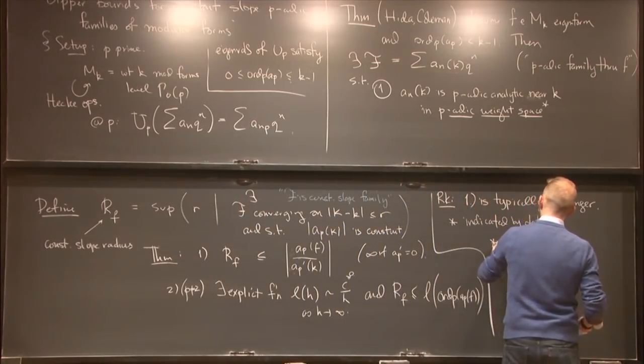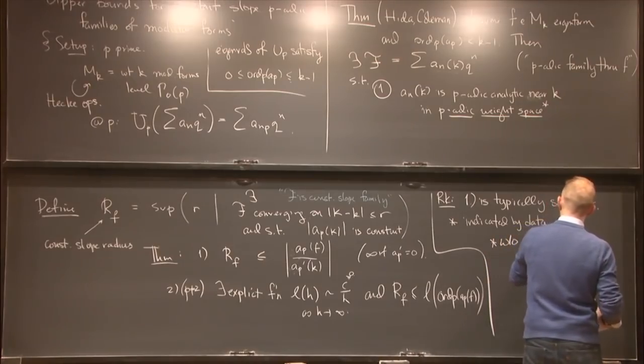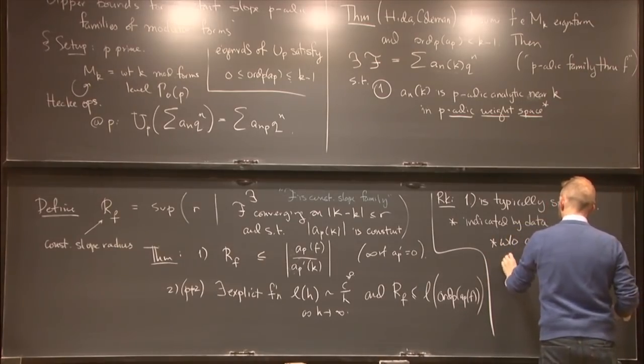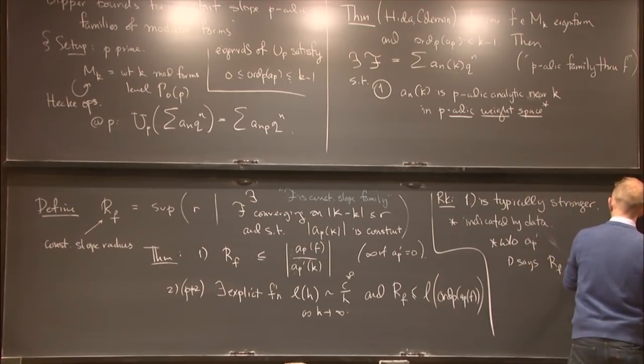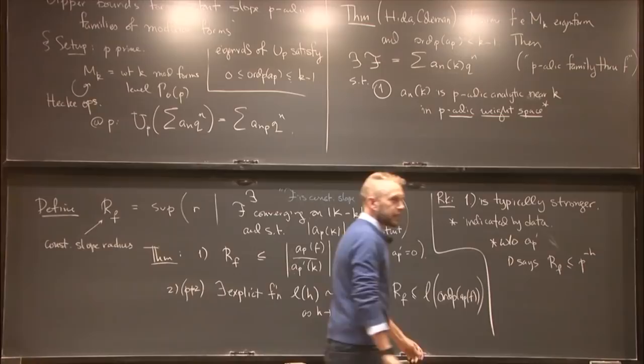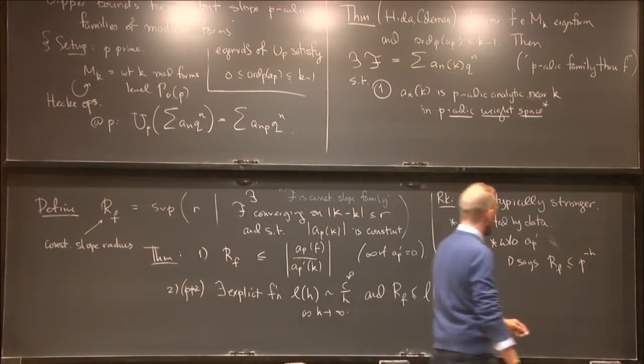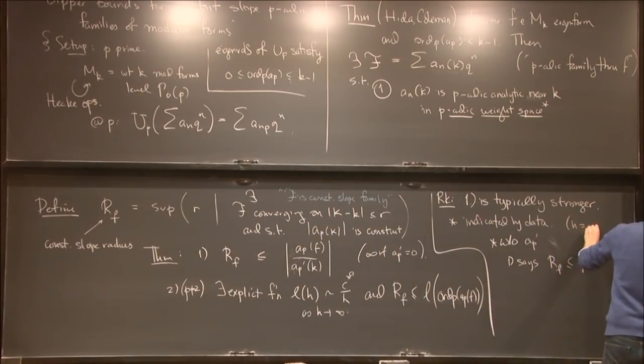The second thing is, without AP prime, one says that RF is at most p to the minus h, where h is the ORD P of AP.